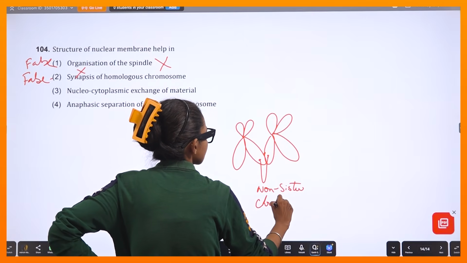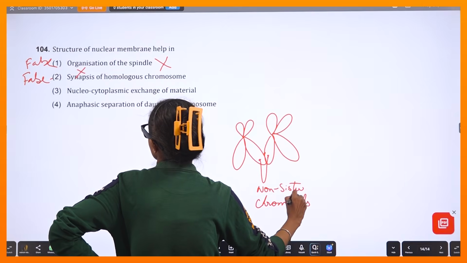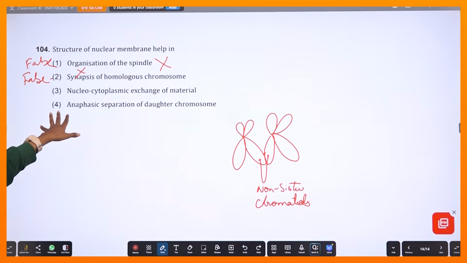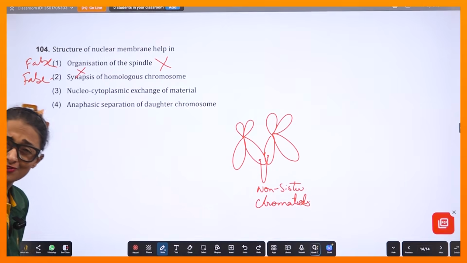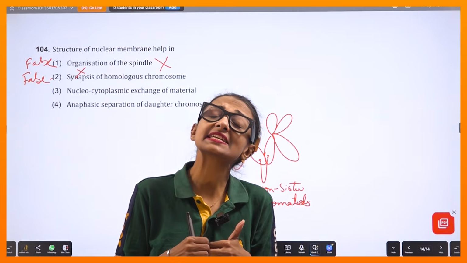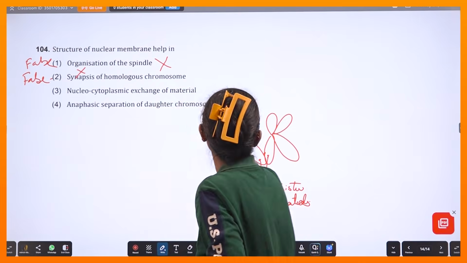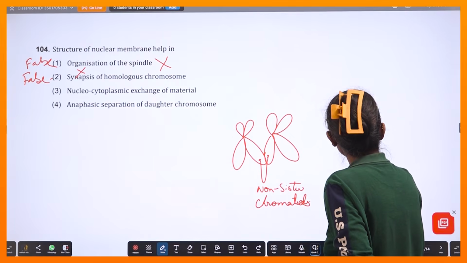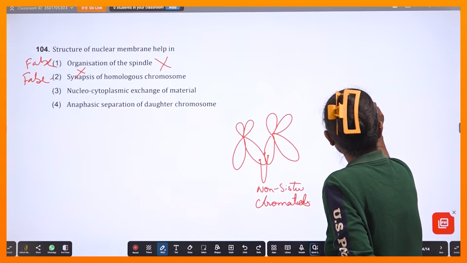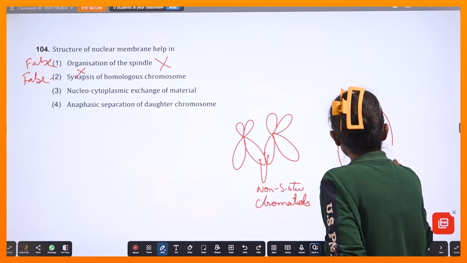Anaphasic separation of daughter chromosomes will take place with the help of spindle fibers, though. Have a look. Suppose this is the spindle.